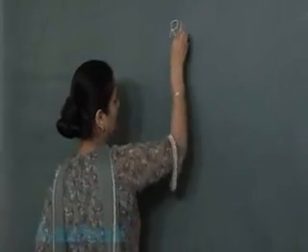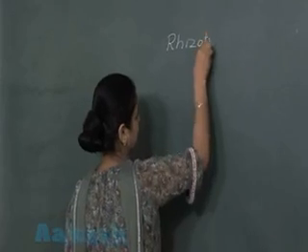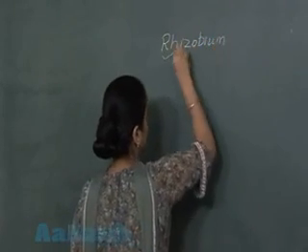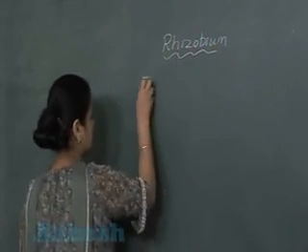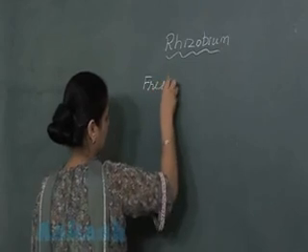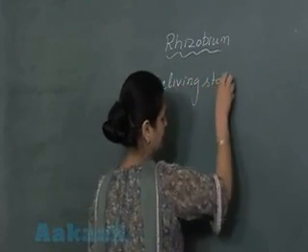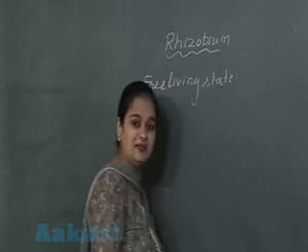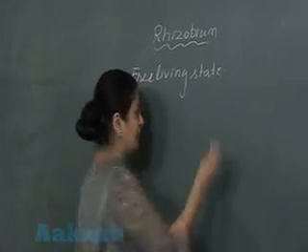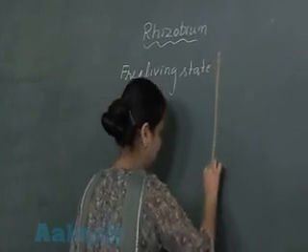When the rhizobium is in free state, free living state, that is in soil, then in the free living state rhizobium is aerobic.